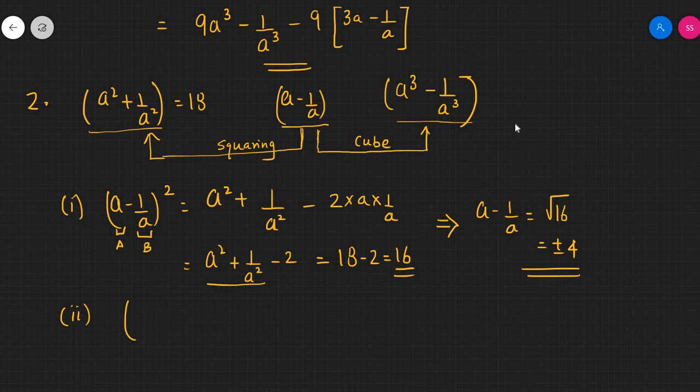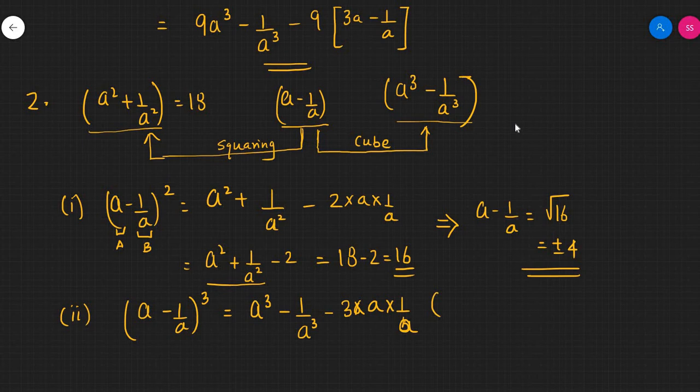The second question is a cube. You have to find a cube minus 1 by a cube, and your starting point is a minus 1 by a the whole cube. That is equal to a cube minus b cube minus 3 into a into b into a minus b, and the a into b would get cancelled out.